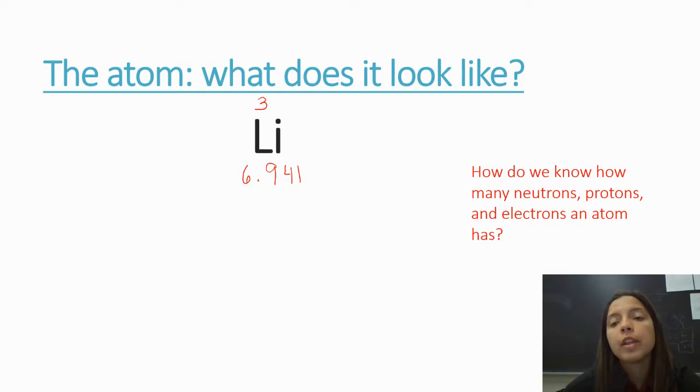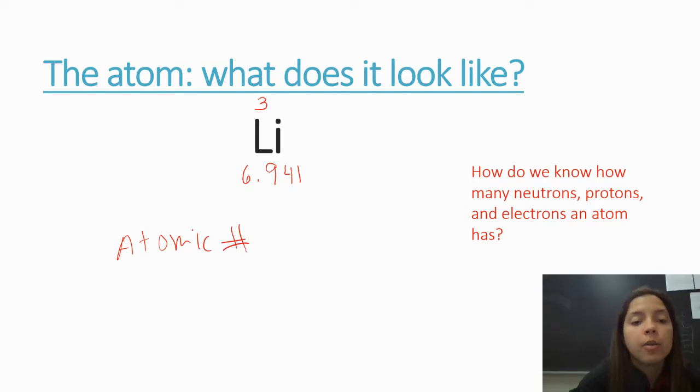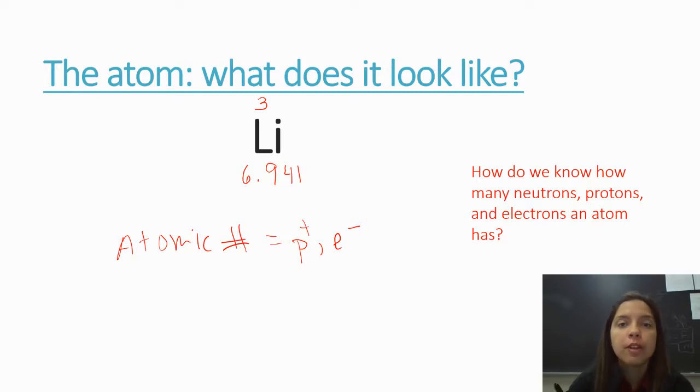Okay, how do we know how many neutrons, protons, and electrons an atom has? So we said earlier in the previous slide that the atomic number equals the protons and the electrons. This is if it's a neutral atom.